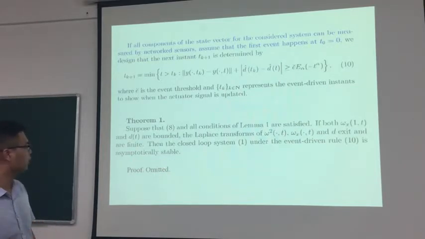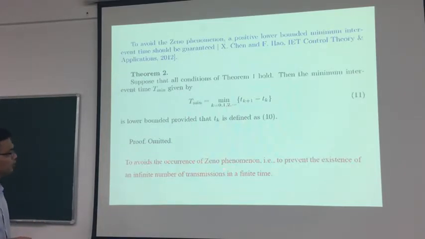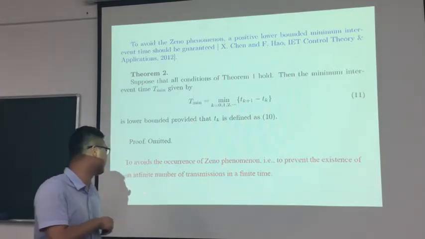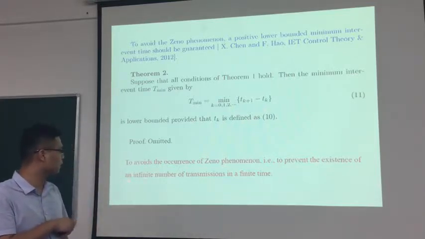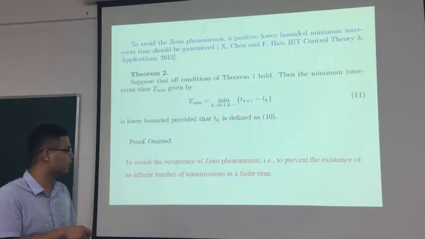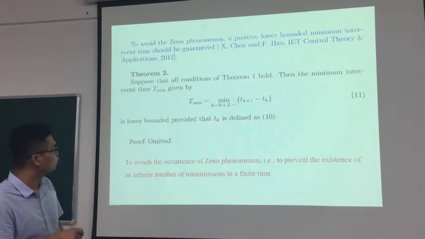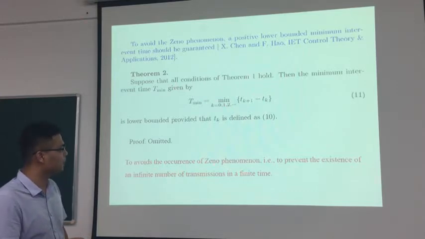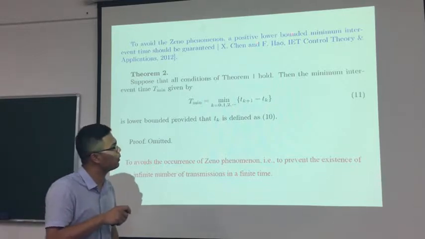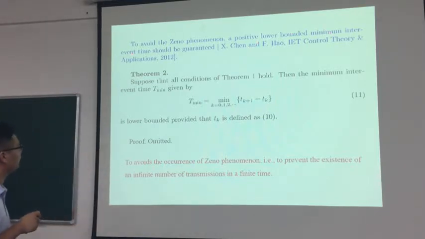Okay. Next, for event-driven control, there exists a case where an infinite number of transmissions occur in a finite time, which is called the Zeno phenomenon. To avoid the Zeno phenomenon, a positive lower bounded inter-event time should be guaranteed.